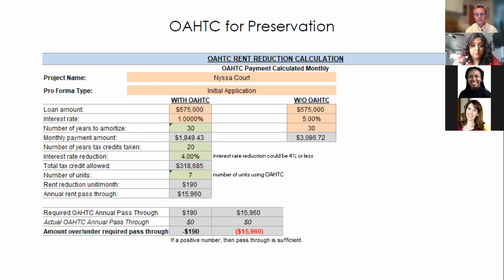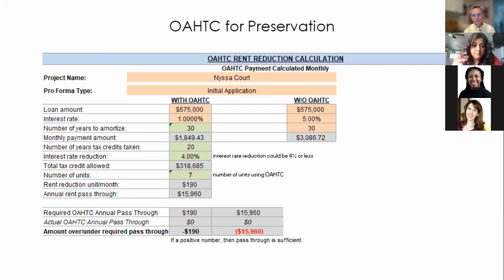Without the OHTC, you'd be looking at over $3,000 a month payment. And what that does is reduce the amount of gap financing that you need over the term of the loan. And just by the annual amount down there, you could see $15,960. So Clayton or Christy, do you want to add anything to that?